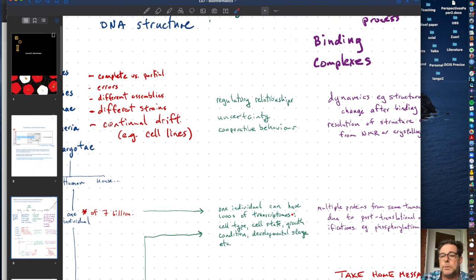The transcriptome would be the complete collection of transcripts. You think about taking a snapshot of a cell at a moment, and you count all the transcripts across all species, across all genes, and you say, this transcript and this transcript are upregulated, and these are downregulated relative to some normal or to other people, etc.